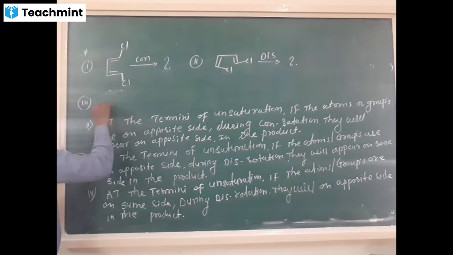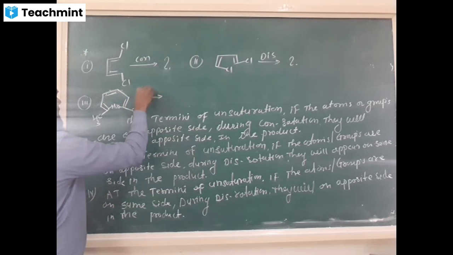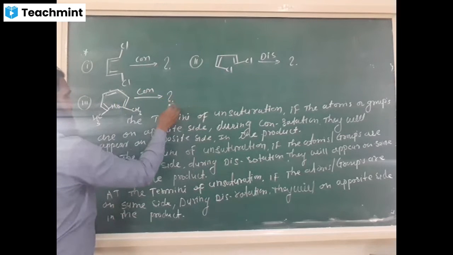Here we have double bond, single bond, double bond, single bond, double bond. Here CH3, H, CH3. Conrotation, find the product.